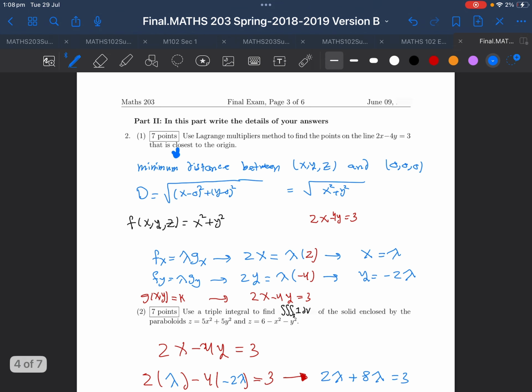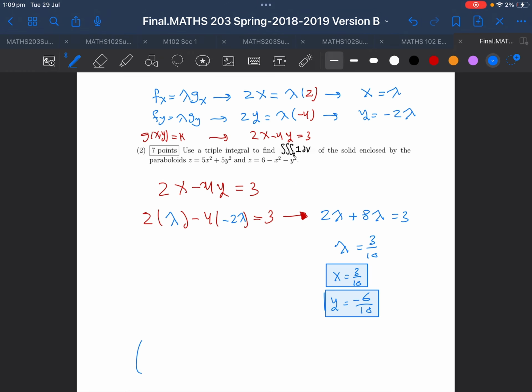And here is what we get as a result. Of course, since we are using the Lagrange multiplier method, this is the only answer that we have here, and that will be the point which has the minimum distance.